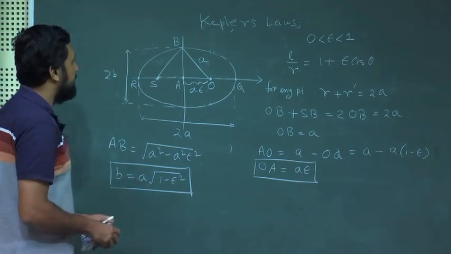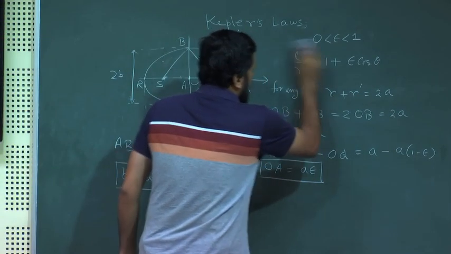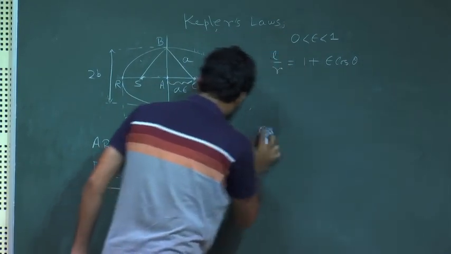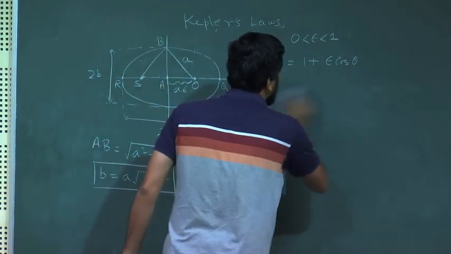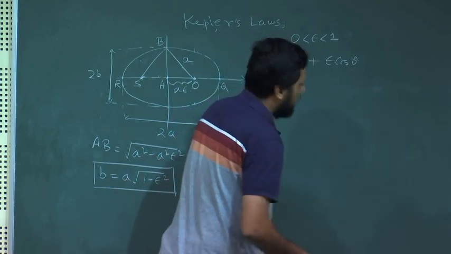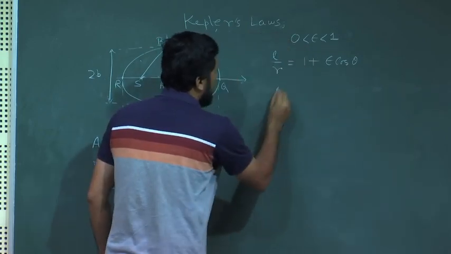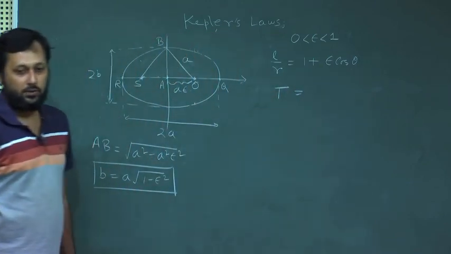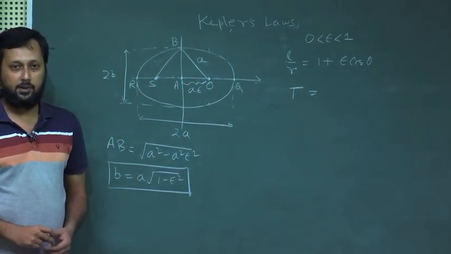Now, why do we need all this? We need this because, okay, we do not use these anymore, we will just keep this safe, because we have to define the time period T. Now, there are many ways of defining time period.